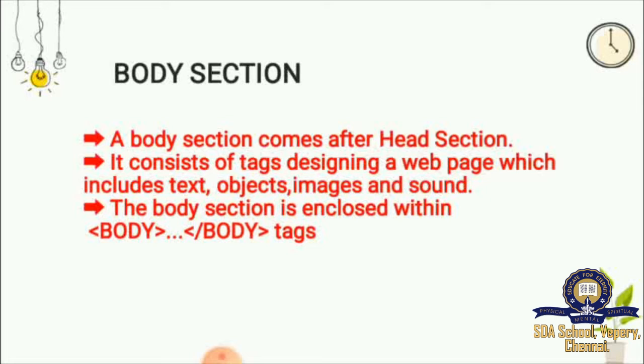The body section is enclosed within the starting tag of body and ends with the ending tag of body. It is the main section of the web page. The HTML body section supports all the contents such as text, hyperlinks, images, special characters, lists, tables, frames and forms. This is about the body section.